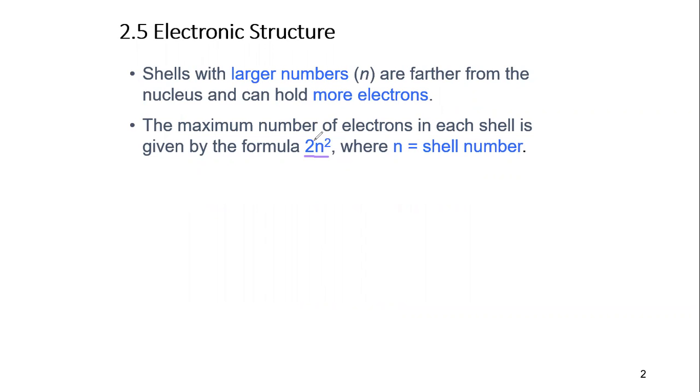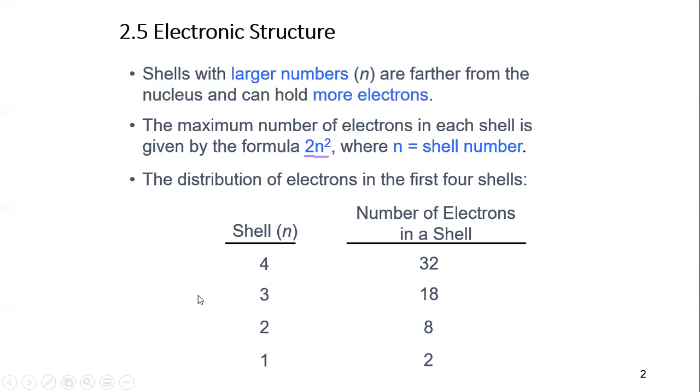As I said, on the periodic table, it goes up to 7 energy levels. The 7th can hold more electrons than the 3rd energy level, for example. So this is a chart to show you that as you get to higher energy levels, you increase the number of electrons you can have.